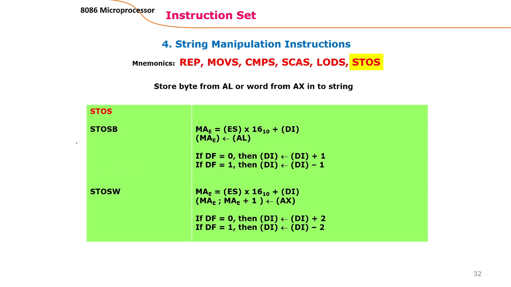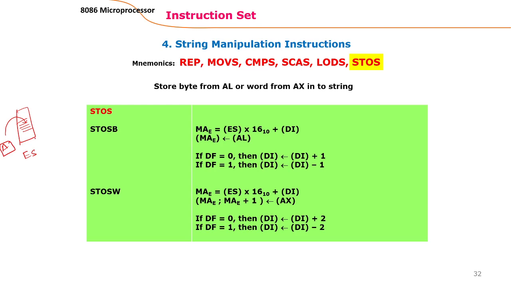Next one is storing. Here in storing, we are storing into the extra segment. We have loaded to the accumulator, and now storing means we are storing the data to the extra segment. So data from the accumulator will be stored to the extra segment memory location.